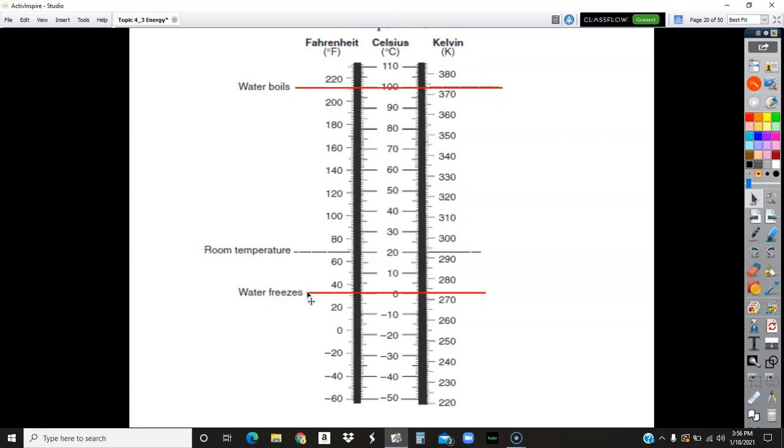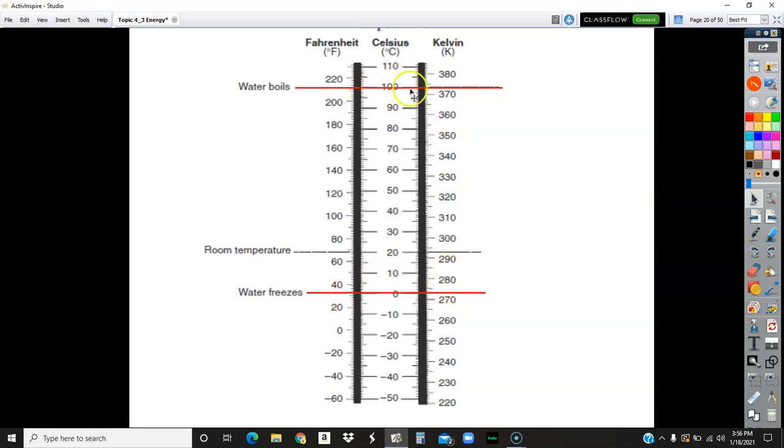When an ice cube melts, or you take a tray of water and put it into the freezer and make ice cubes, it's all happening at the same exact number. It's just, are you putting in heat or are you taking out heat? But it happens at these numbers right here where this line is. And so if you look, you'll see 0 Celsius, which happens to be 32 Fahrenheit and 273 Kelvin.